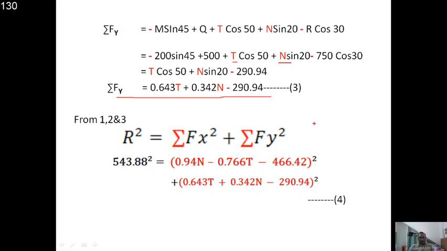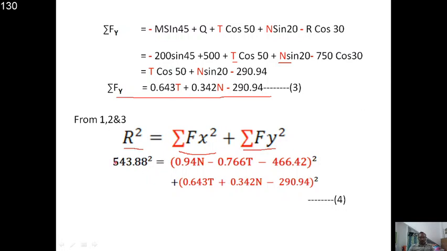So from this figure, by replacing all the values, you got sigma Fx and sigma Fy. You know R is equal to square root of sigma Fx square plus sigma Fy square. By squaring on both sides, you got R square is equal to sigma Fx square plus sigma Fy square, right?